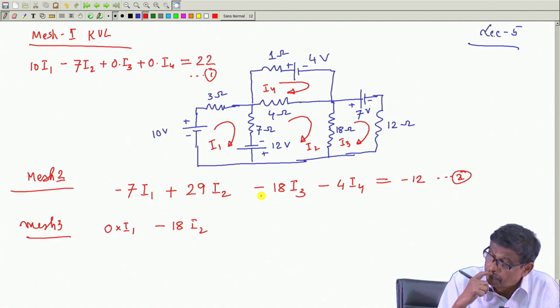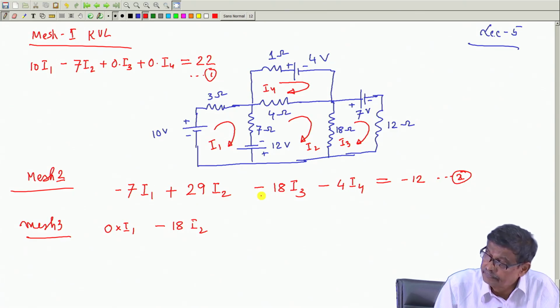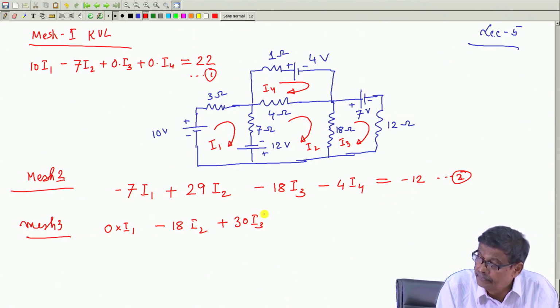Coefficient of I 3 in this mesh is the sum of these resistances, plus 30. If I make a mistake, please bear with me, logic is important. 20, 30 I 3. Will there be a coefficient of I 4 in the KVL equation of mesh 3? No, there is no common resistance. So, plus 0 into I 4.